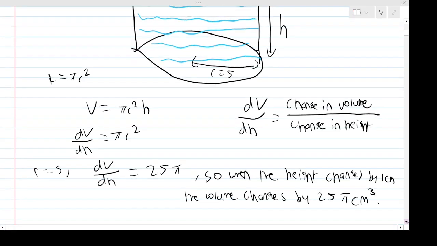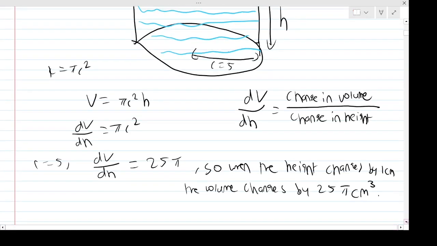So that's the idea. Again, it's a sort of gradient at the end of the day. We can find the change in one variable, say the volume, with respect to another variable, say the height. When the height changes by 1, the volume changes by 25 pi.